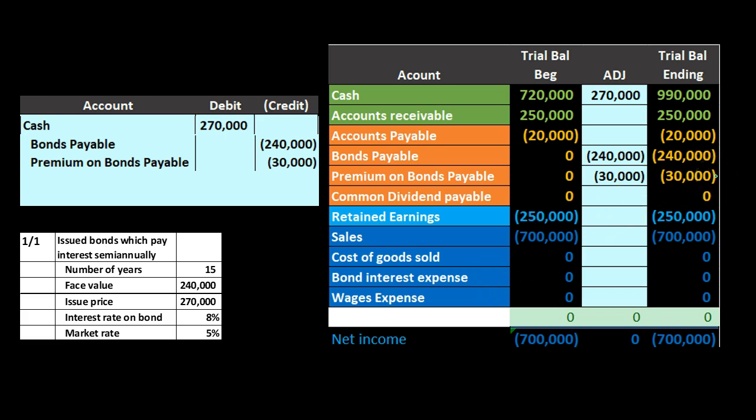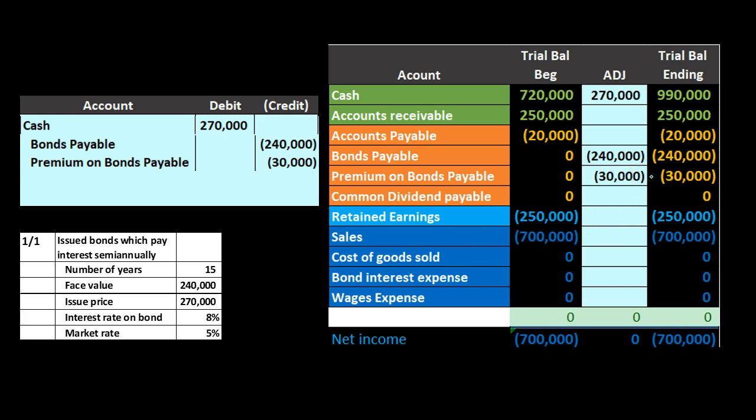Well, this premium is a result of our interest payments of 8% being higher than the market rate. So really what's going to happen is we're going to pay out the 8% on the bonds here because that's our contract price. But then we're going to reduce it by the premium amount.